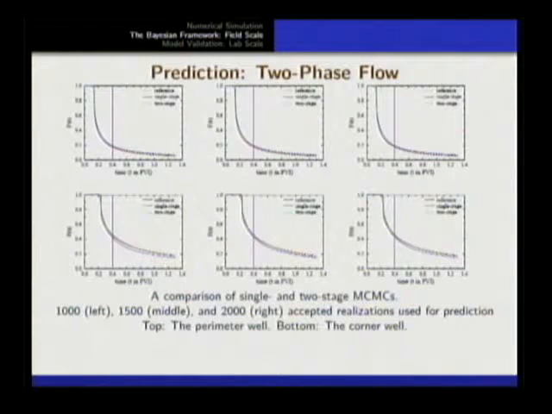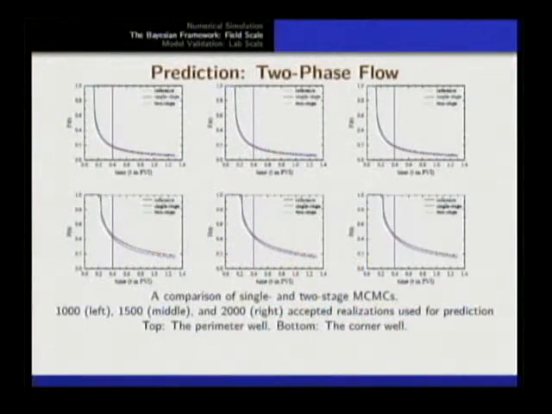And this is some indication that we can predict. The vertical line here refers to the fraction of the production curve that we use for characterization. We use this information to select an ensemble of acceptable permeability and porosity fields.